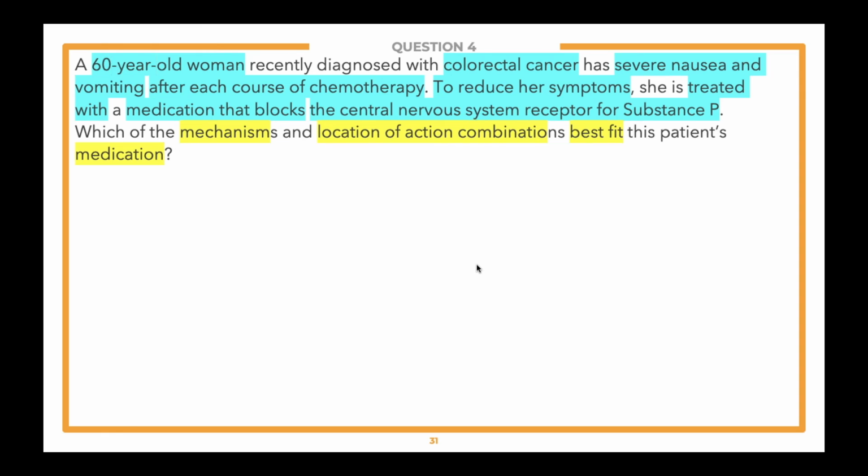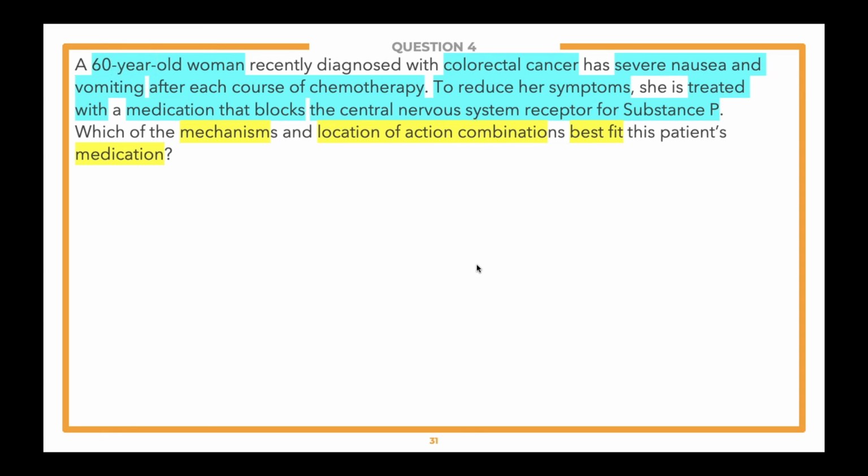So a mechanism and location of action of this medication. So one, we've got to figure out what medication they're talking about. Two, what is the mechanism of action of that medication? And three, what is the location of action of that medication? And then we've got to pair those together to see which one fits the best.